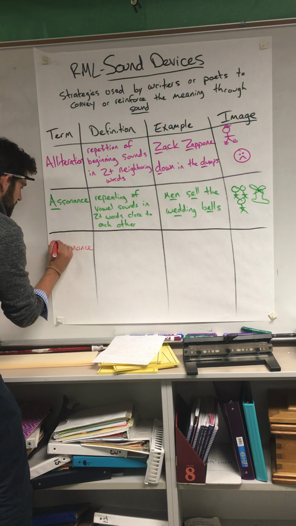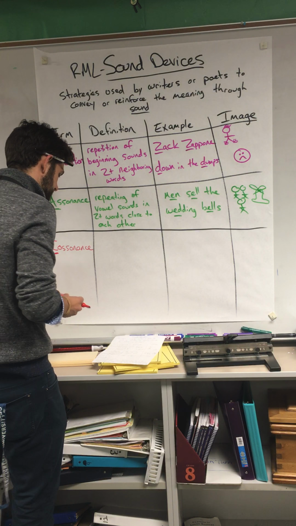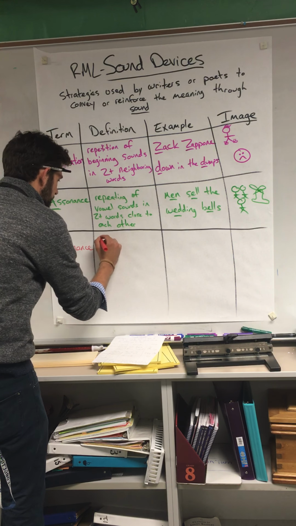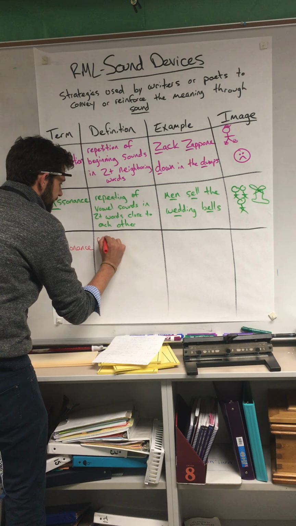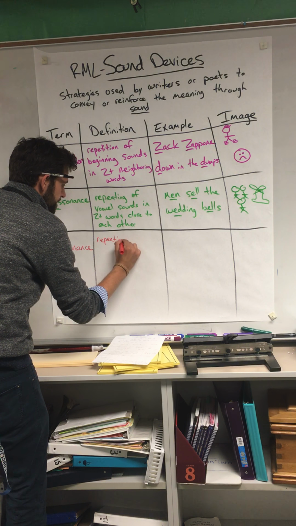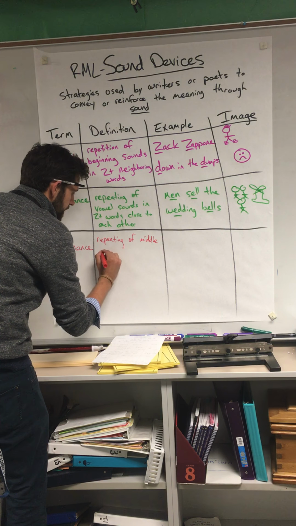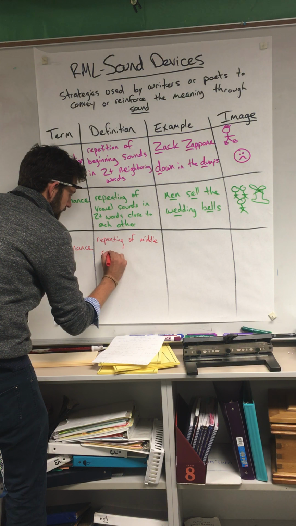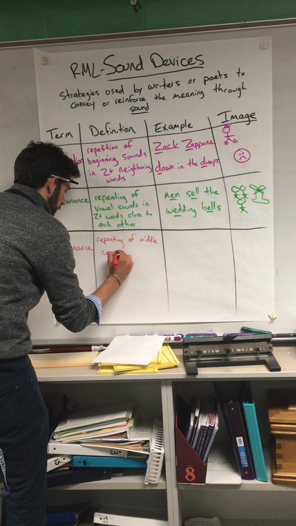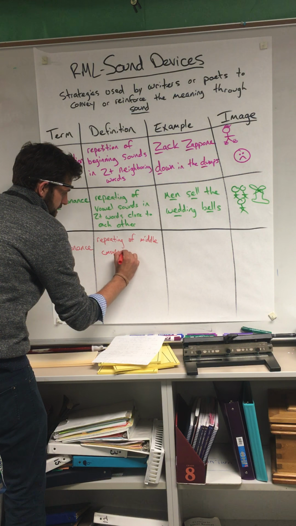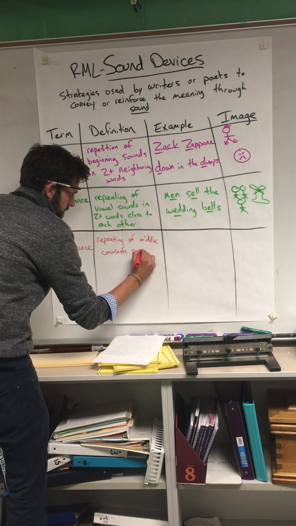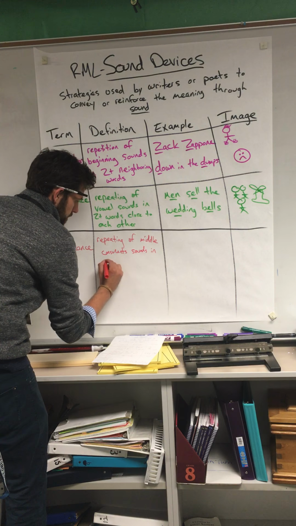Consonance starts with a consonant, so therefore it's consonance. So it's the repeating of middle consonant sounds in neighboring words.